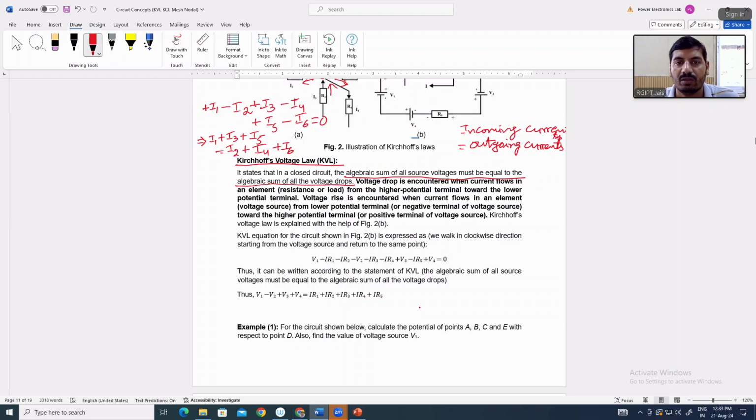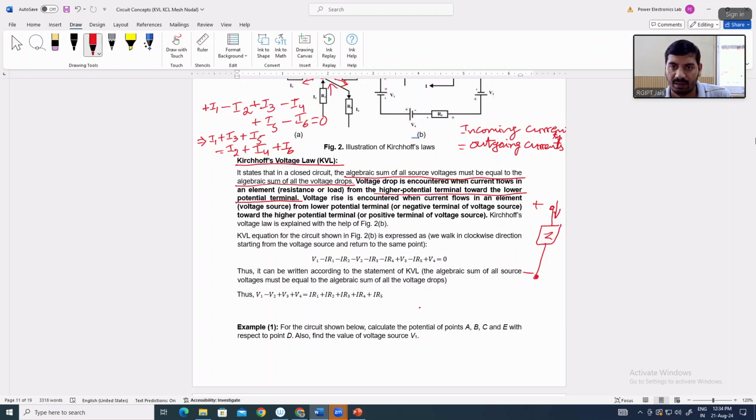And you know that the voltage drop is encountered when the current flows in an element from higher potential towards the lower potential. This is very important. Suppose this is an element in a branch, and polarity we have taken plus minus. So the current must flow from higher potential to lower potential in this element.